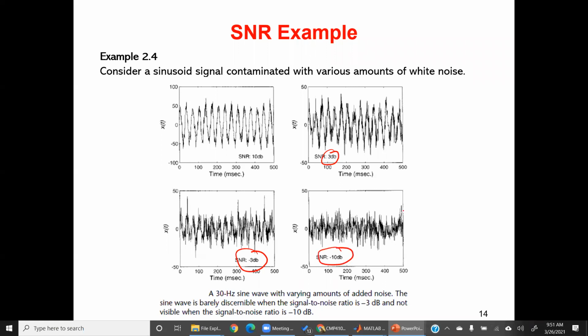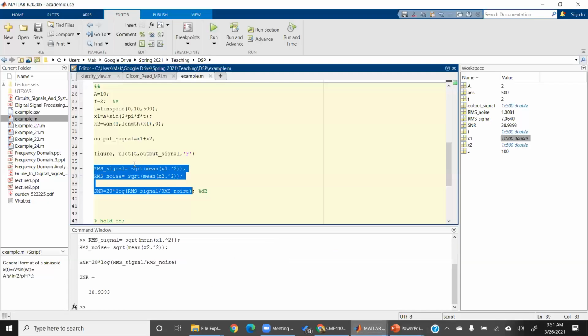So you see, as SNR reduces, that is slides towards the negative scale on the dB scale, then most of your signal is going to be lost, and you end up with just majority noise. And of course, noise is unwanted signal. You want to minimize that as much as you can.